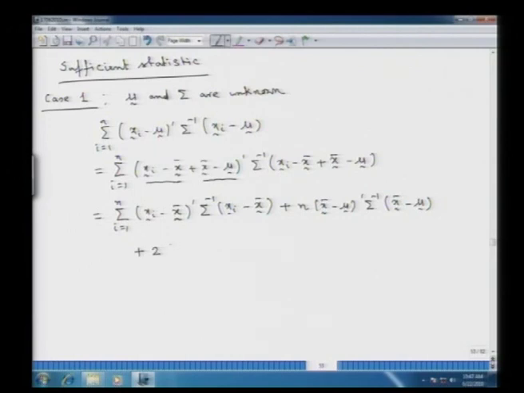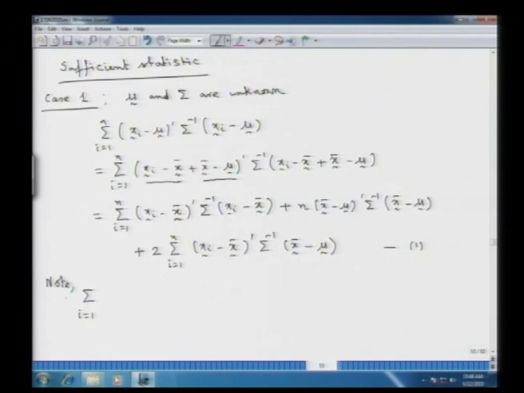The two cross product terms are similar, just differing by transpose, so they are the same, and what we will have is summation i equal to 1 to n (xi minus x bar) transpose sigma inverse (x bar minus mu). Let me put this as equation number 1. Now if we look at this expression here, what is that going to give us?